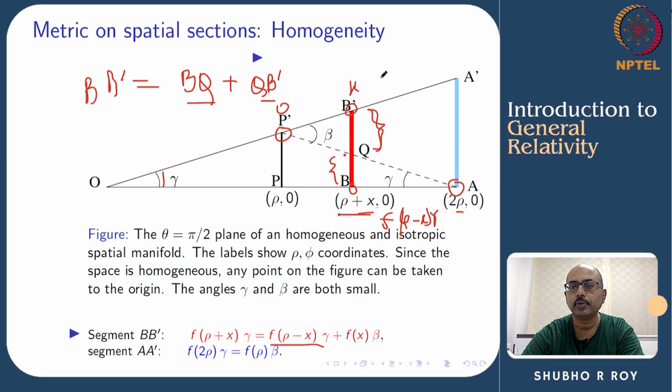Then the rho coordinate of B prime will be just x, because initially when O was the origin, this had coordinate rho, and this rho plus x, so the difference is x. So this is of length f of x, and then sine of angle beta is beta, because beta is also small. In the linear approximation, we can write this.